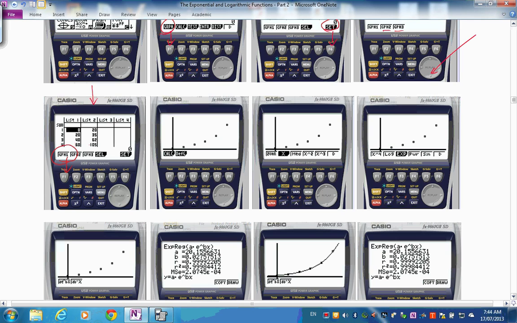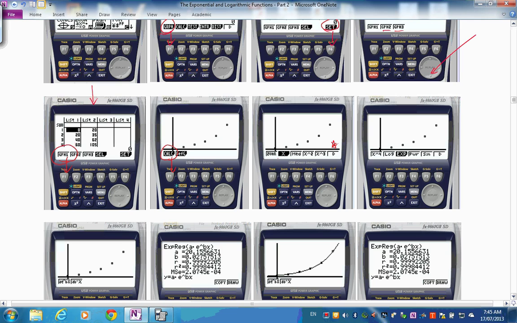Okay, so what do we want to do? We want to basically draw the best fit curve through here. So we're going to ask the calculator to calculate. So we hit F1 and we get this window here. This gives us a choice of what sort of model we want to try and fit.